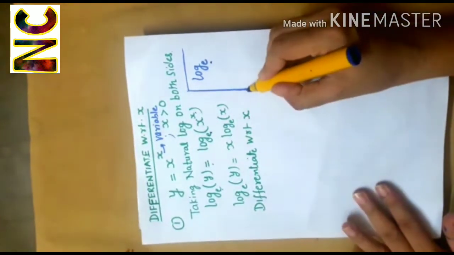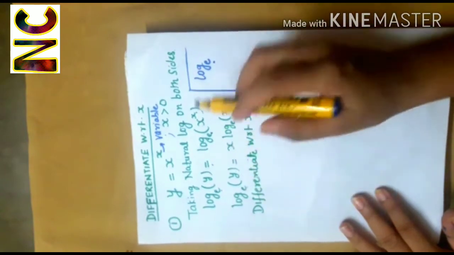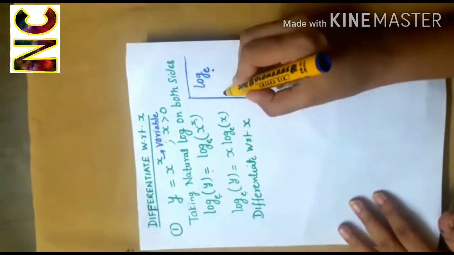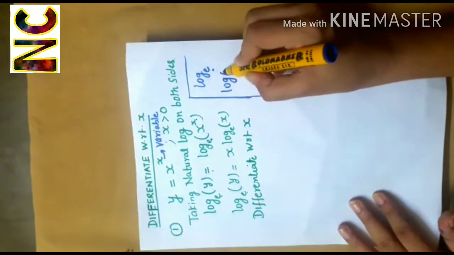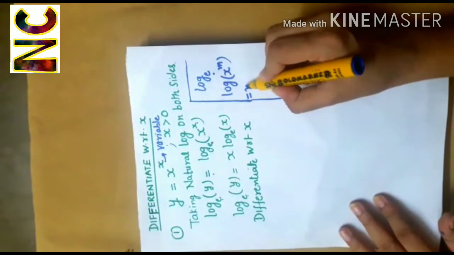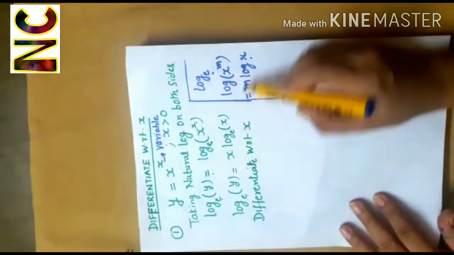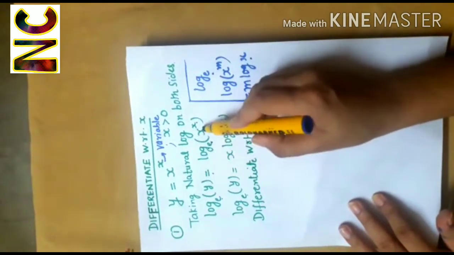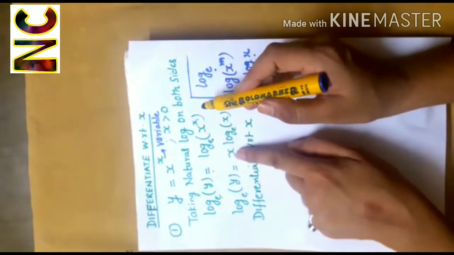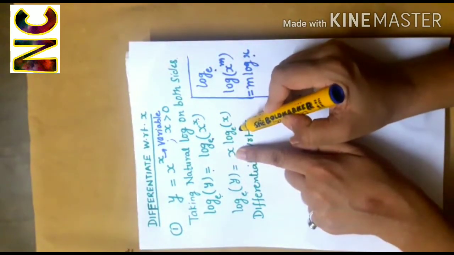Now, this is log y to the base e. From the properties of log, we know that log of x raised to the power m is equal to m into log x. So using this property, the power will come in front, and this becomes x log x to the base e.